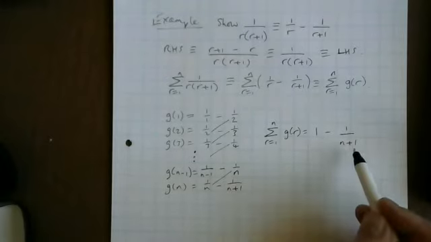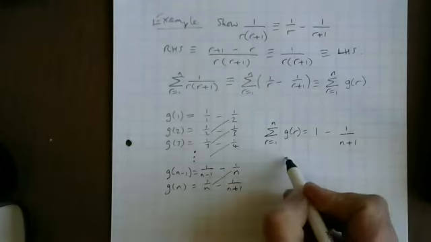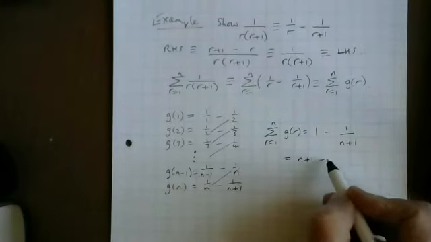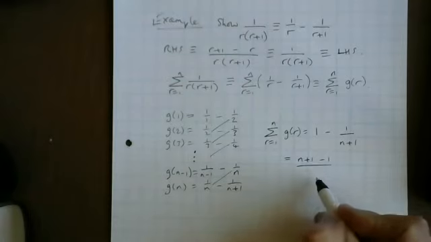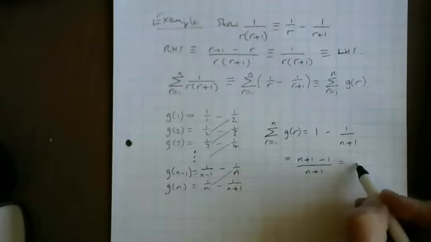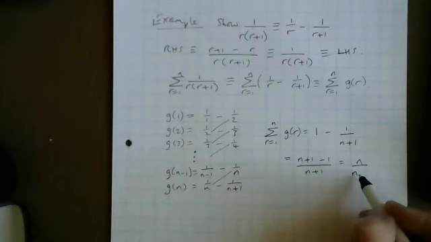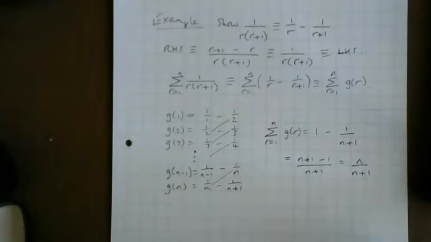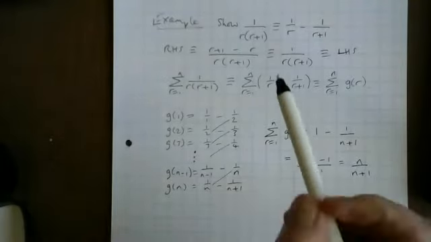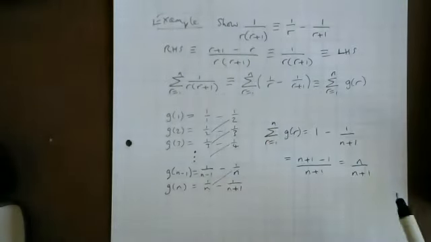So let's get that over the same denominator. That equals n plus 1 minus 1 over n plus 1, which equals n over n plus 1. Then going back to the original problem, we wanted to work out what the sum of 1 over r times r plus 1 is.